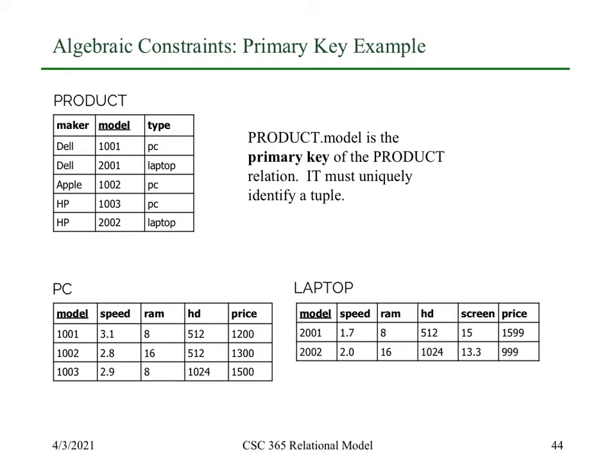I mentioned this on the last slide, but here, obviously, model number is going to be unique across the entire organization for the different products, so that it can identify the information about each product and can be used, if you will, as an index into the table that contains the information about the products. Similarly for PCs and laptops. Since it's unique for all products, it's going to be unique for PCs and unique for laptops.